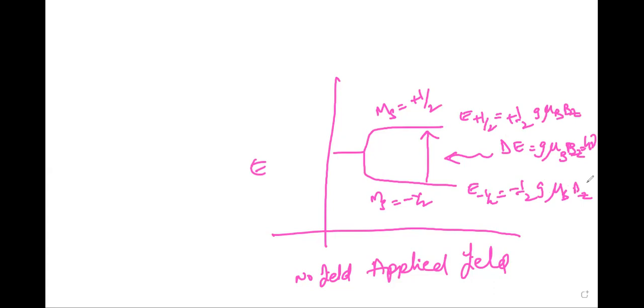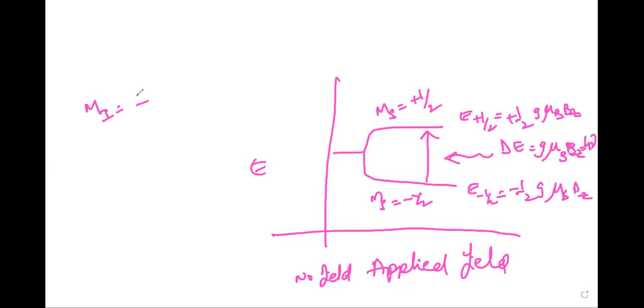In this hyperfine structure for the hydrogen atom, which consists of an unpaired electron, that is S equal to 1 by 2, and a magnetic nucleus I equal to 1 by 2, the ESR spectrum of a hydrogen atom in a solid matrix consists of how many peaks here? 2 peaks of equal intensity.